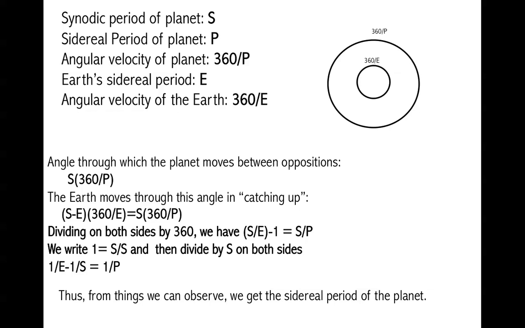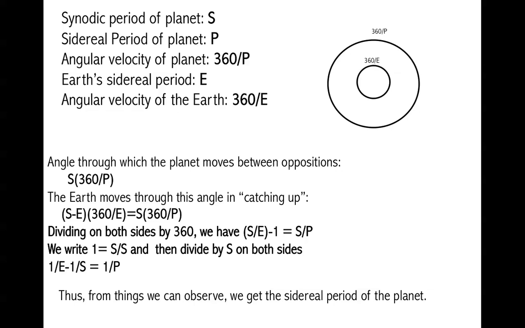During this same time, the planet has moved through an angle which is equal to the angular velocity that it moves times the synodic period. It's been going that way for one synodic period, so S times 360 over P. So we can do a little algebra to this to get to our conclusion.